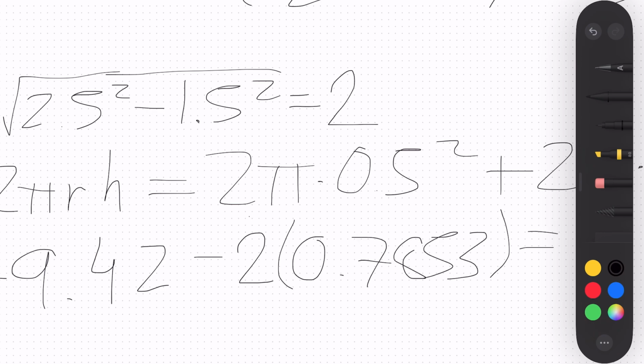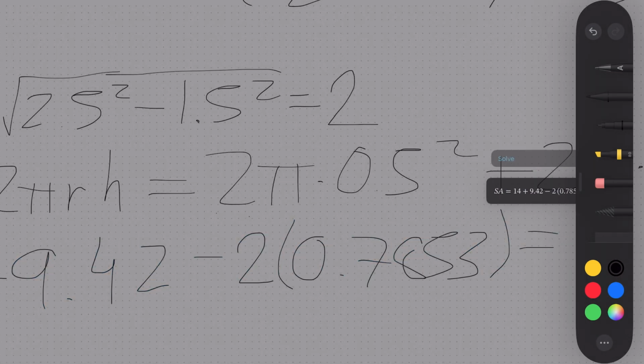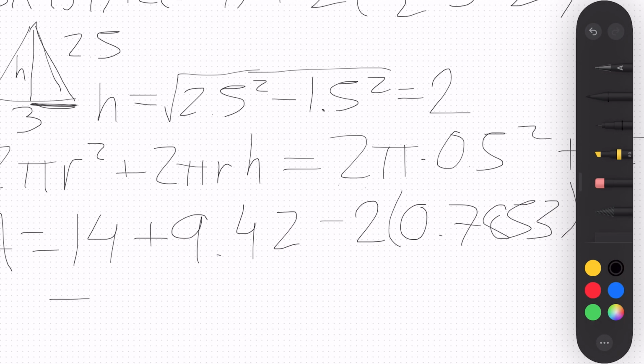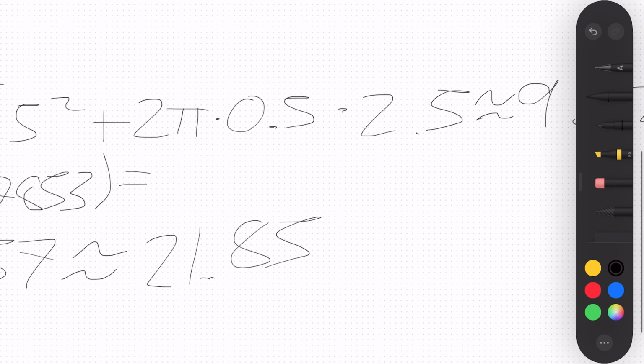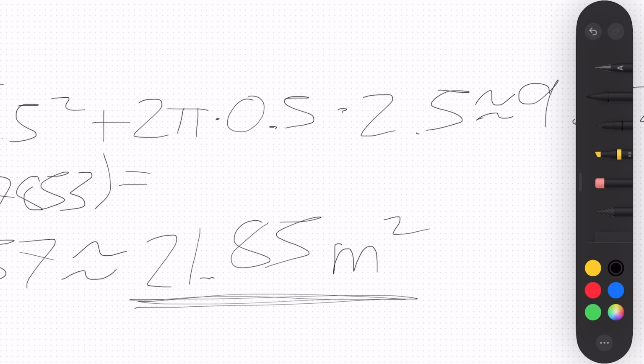And this will give us 23.42 minus 1.57, which is approximately 21.85 meters squared. And this is the answer for our surface area.